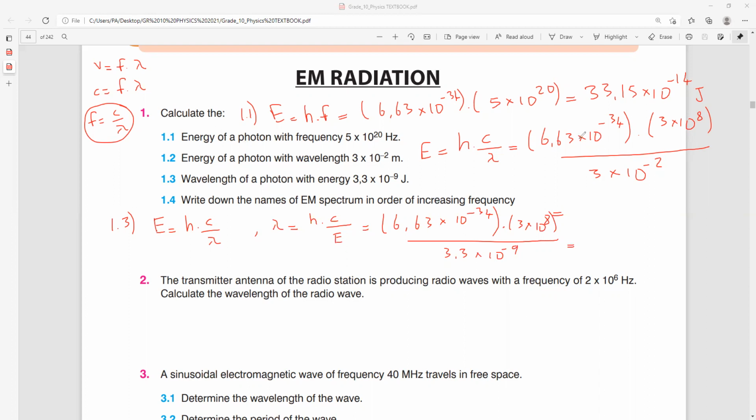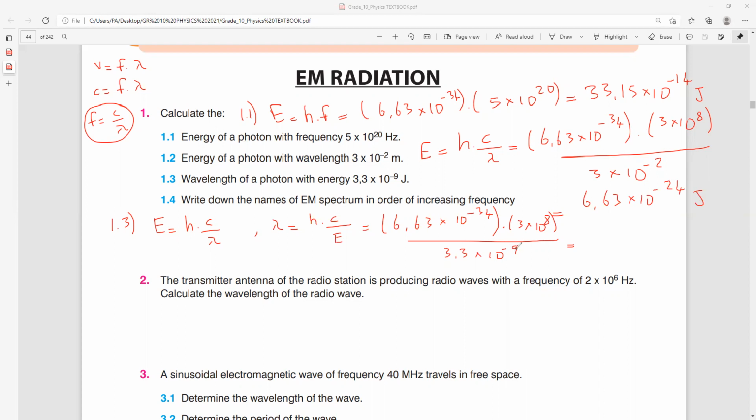Oh, we can just cancel these two, and then, okay, let me write the answer for this one. 6.63 times 10 to the power of negative 24 joules. Done. And then the next one, you can calculate it, people.